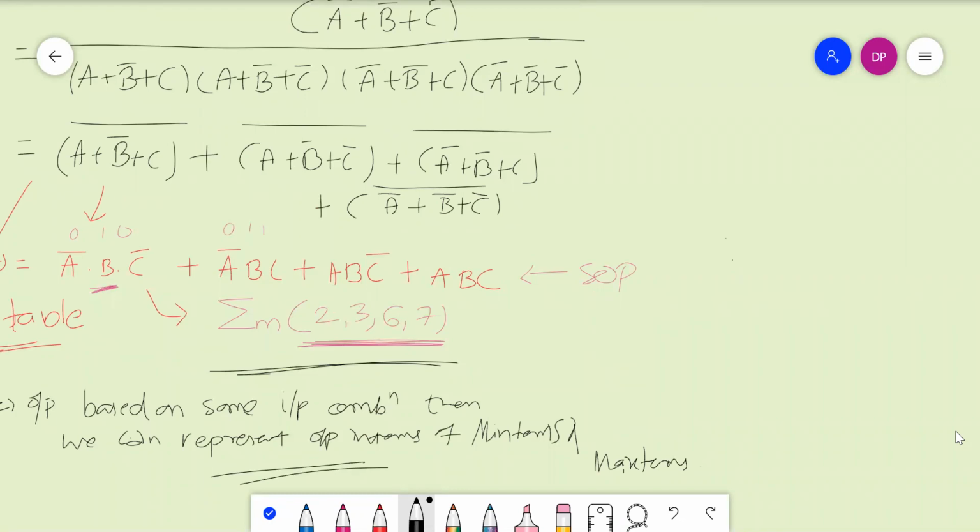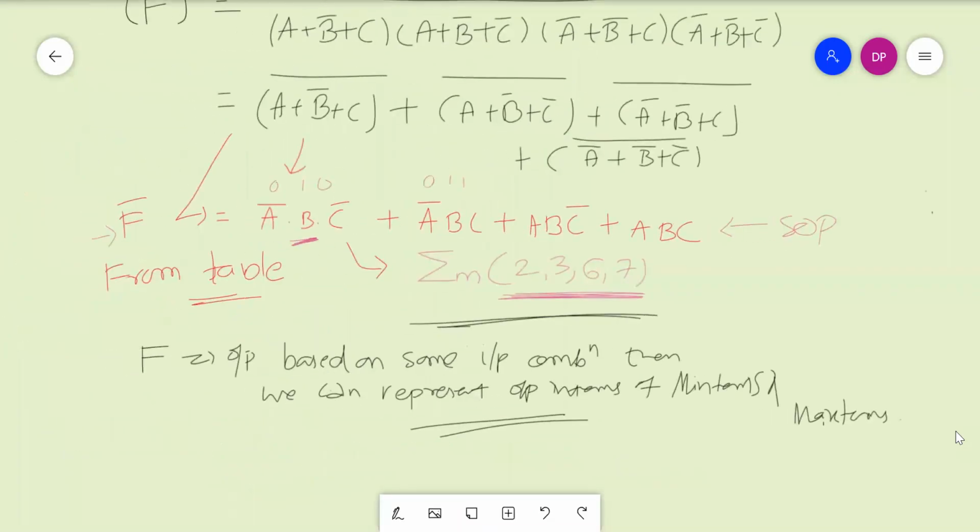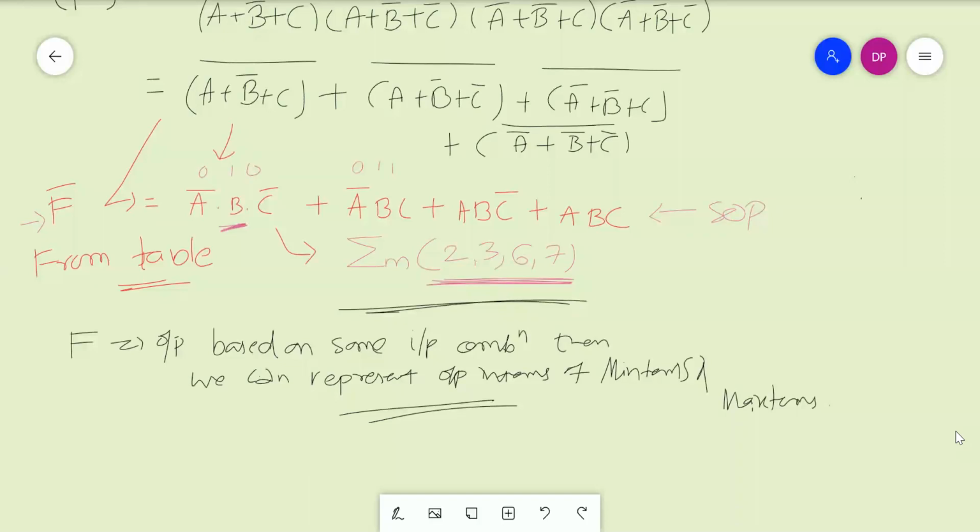We'll stop here. Next class, we will take a few more examples: a function is given, we will find the max term, and we will use Boolean algebra and other methods we have learned to reduce those expressions into smaller expressions.